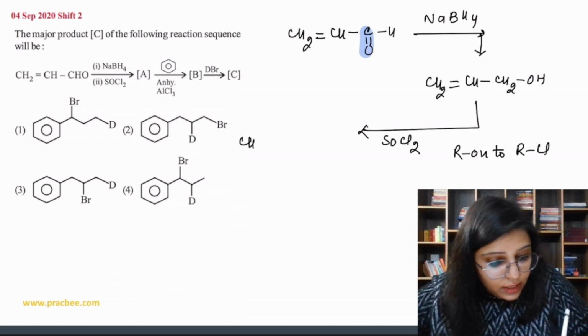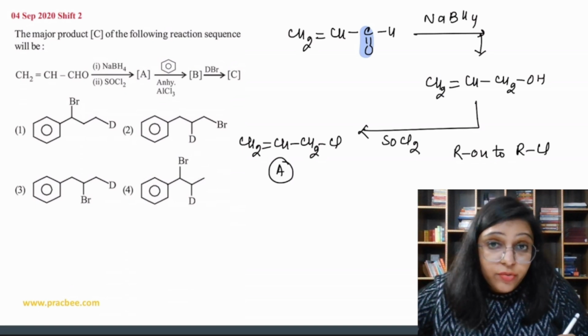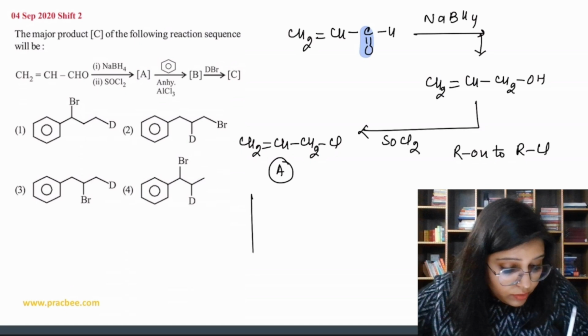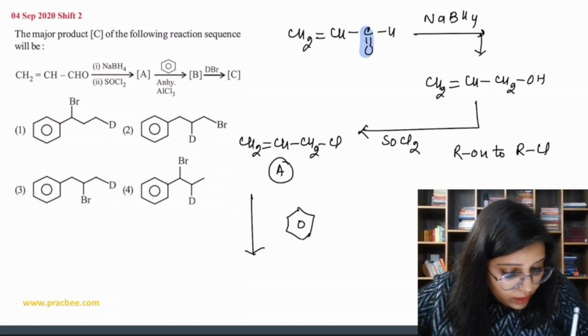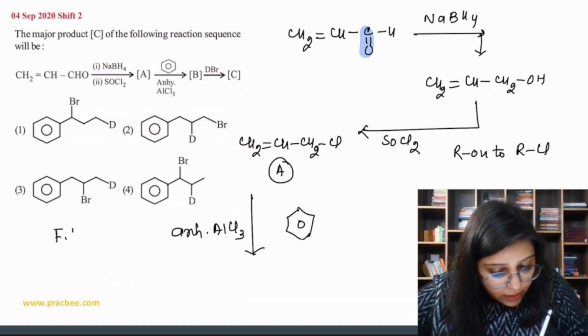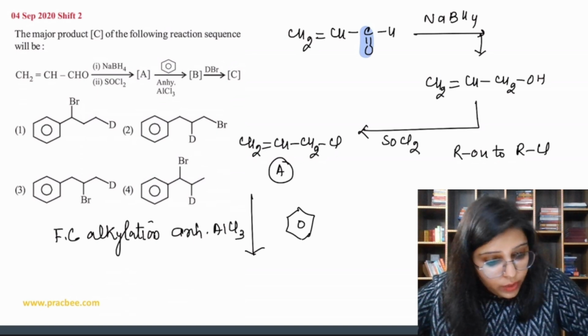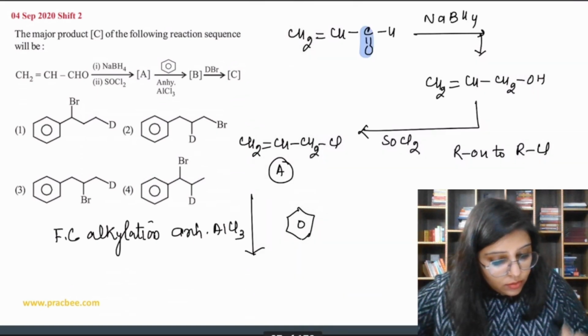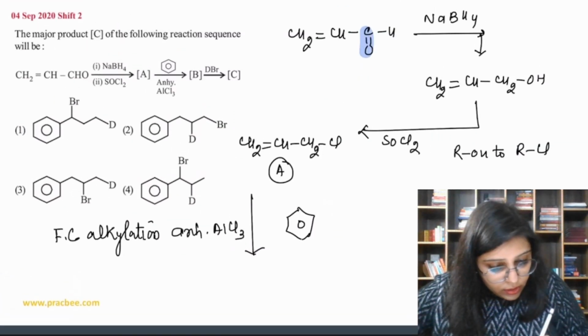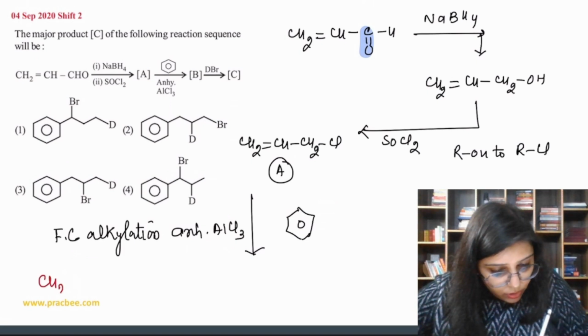So we write CH2 double bond CH and CH2Cl. So this is A. Then we have benzene in the presence of anhydrous AlCl3. So this is Friedel-Crafts alkylation. For alkylation, what happened? CH2 double bond CH and CH2Cl.